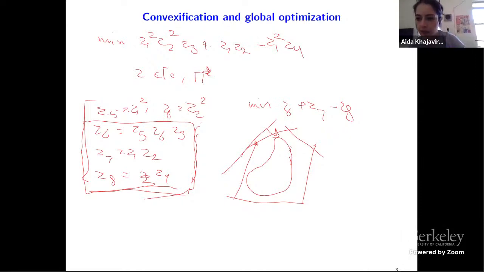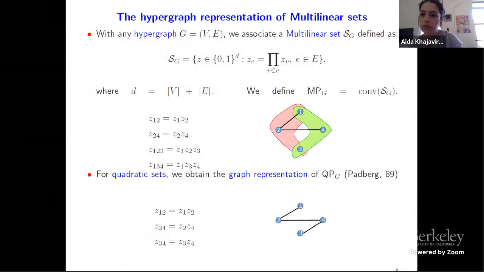So in this talk, we are interested in the case where this non-convex set is a multilinear set. Okay, so before getting into the convexification part, let me just introduce this hypergraph framework that I'm going to use. It turned out that there was a lot of interesting material from the hypergraph theory community that you could actually use to study these multilinear sets. So how would I model a multilinear set by a hypergraph?